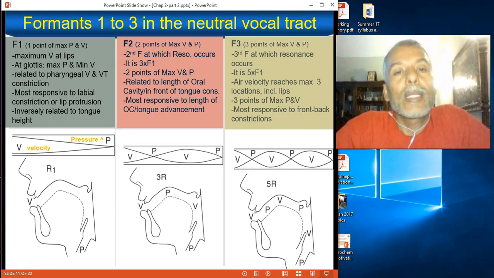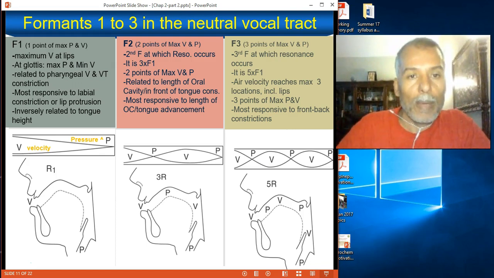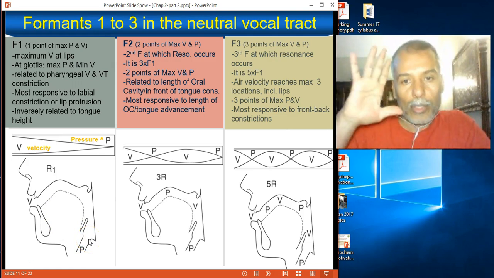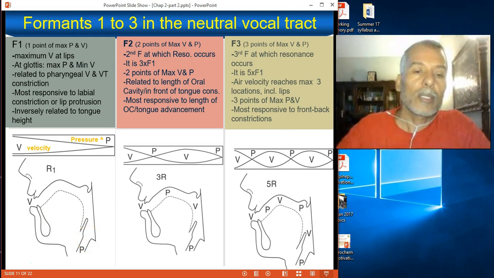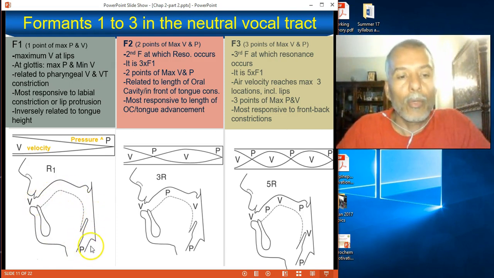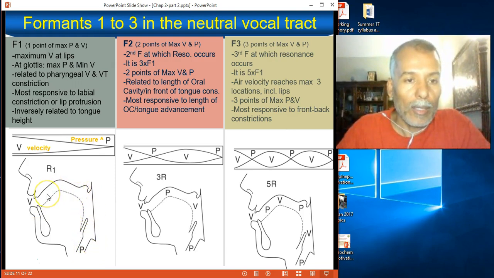So now, these are the characteristics of each formant. Number one, because the first formant occurs the first time the vocal tract is going to vibrate, the entire vocal tract will be enough for 1/4 of the wave to fit in. And you could see it is virtually symmetrical here, so it has only 1 point of maximum pressure, 1 point of maximum velocity.